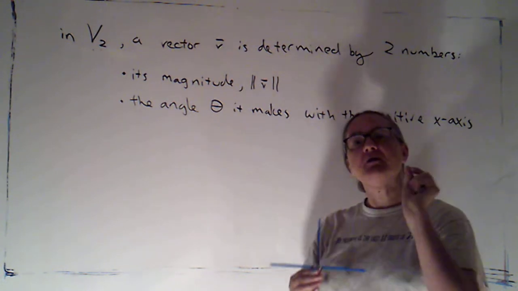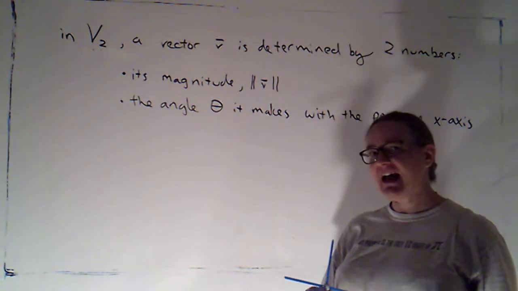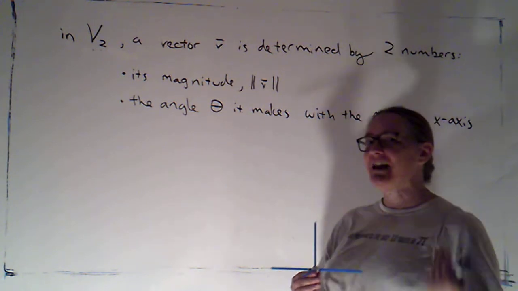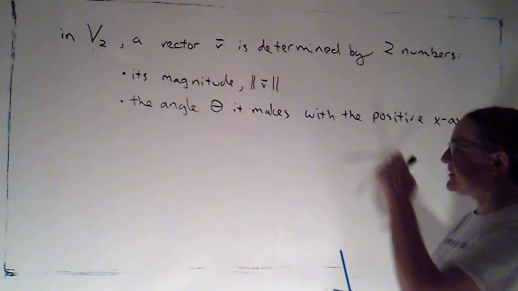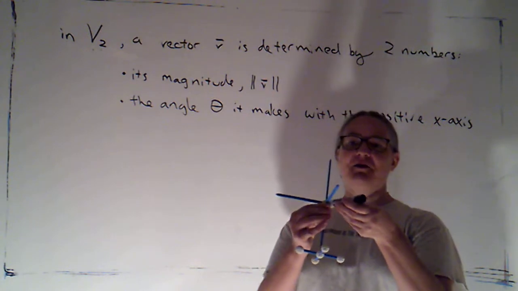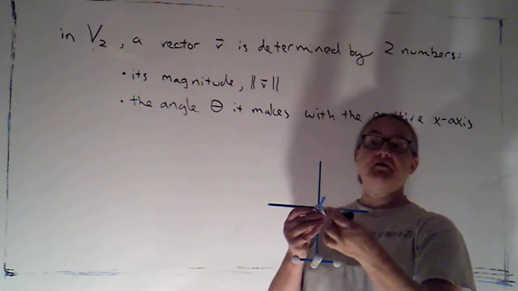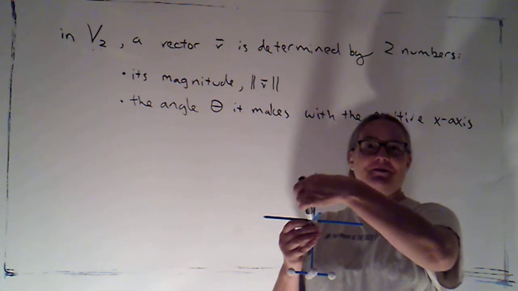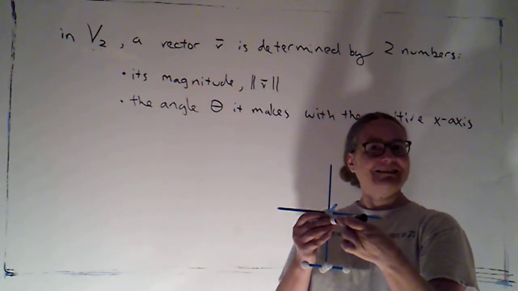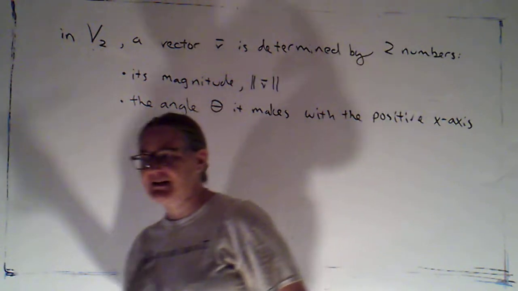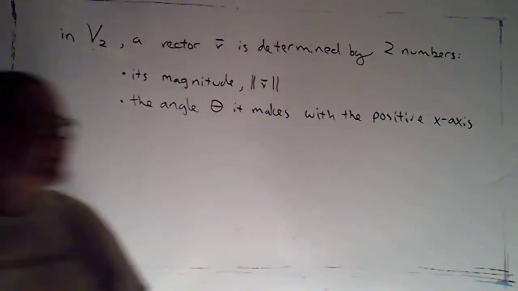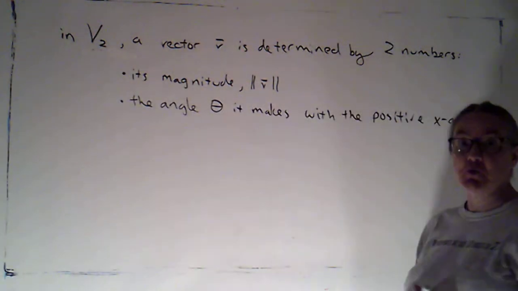So knowing the angle that I make with the x-axis isn't enough to determine what the direction is, because I can rotate this around, preserving the fact that I'm making an angle of 30 degrees with the x-axis, but having infinitely many different directions. That's not true if we're in 2 space.